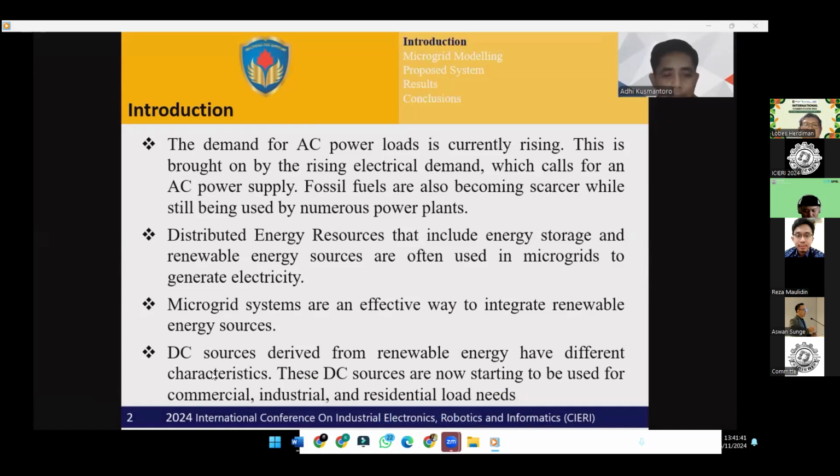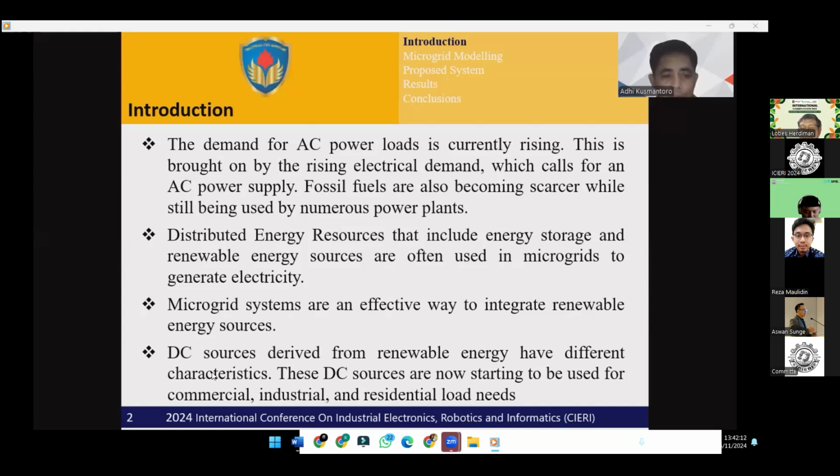Distributed energy resources that include energy storage and renewable energy sources are often used in microgrids to generate electricity. Microgrid systems are an effective way to integrate renewable energy sources into the electricity distribution system and respond to the increasing demand for electricity.